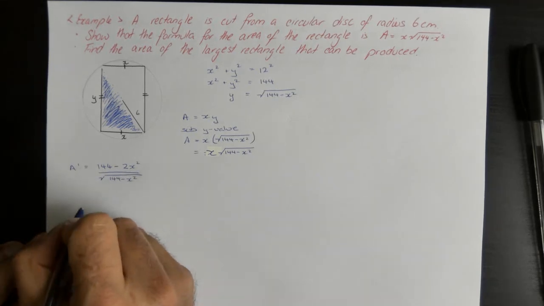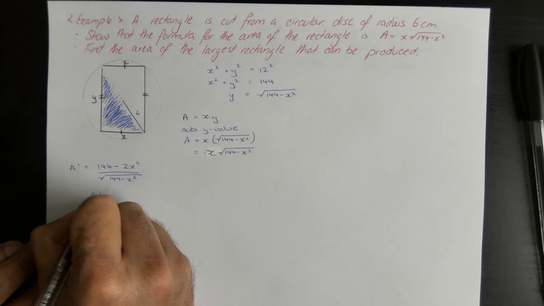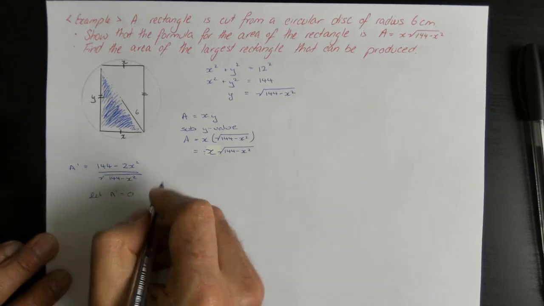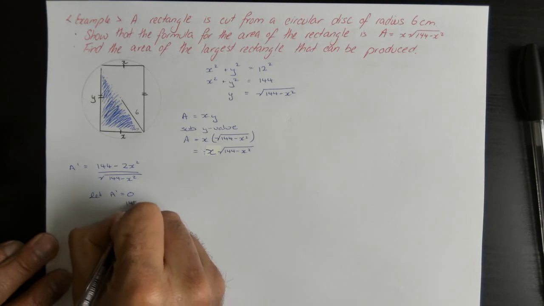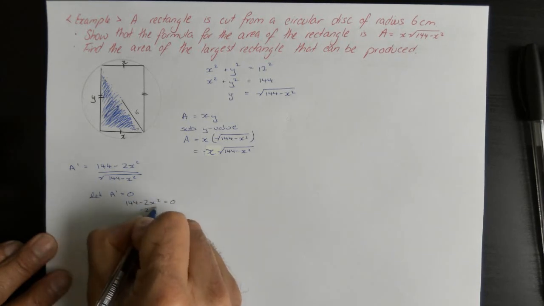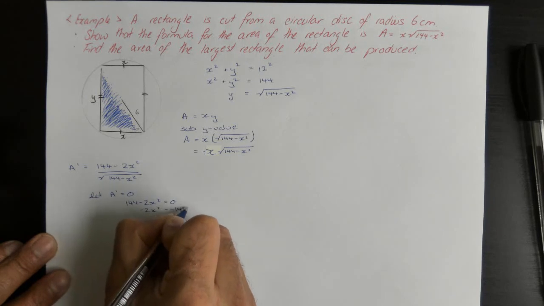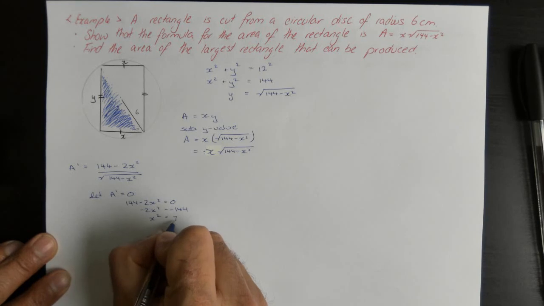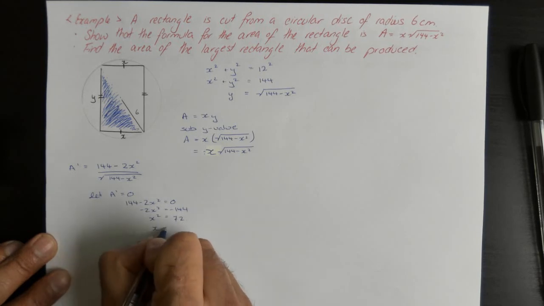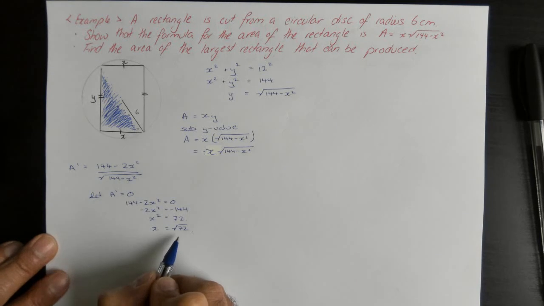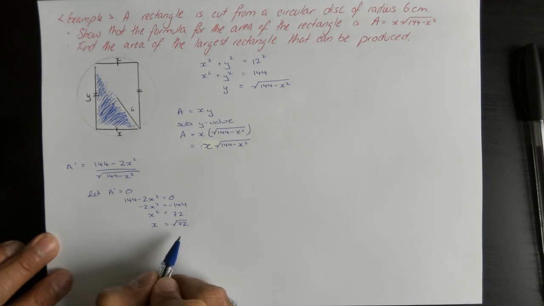Okay, we want to find the stationary points. So there's no point doing it at the bottom, so we want the top to be set to 0. So I get x equals the square root of 72.